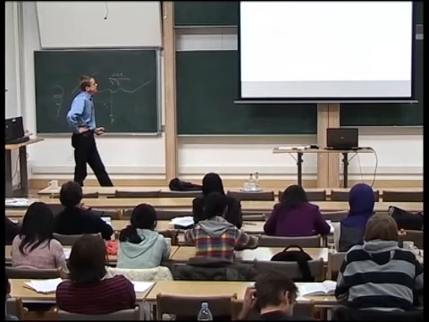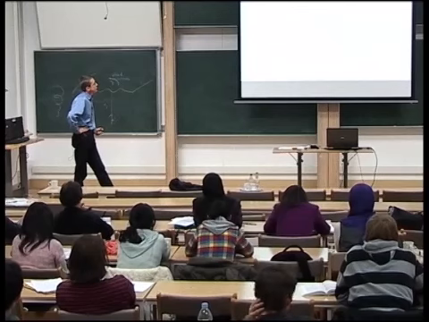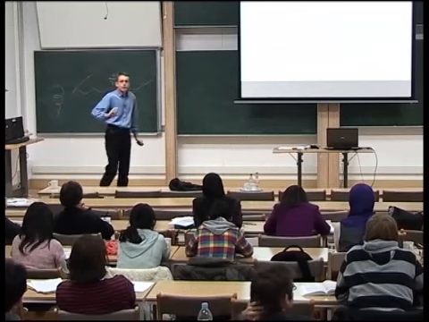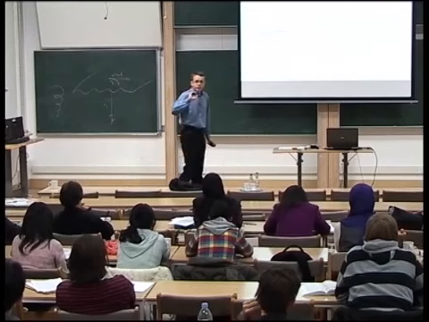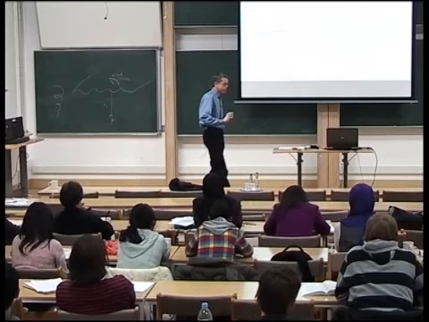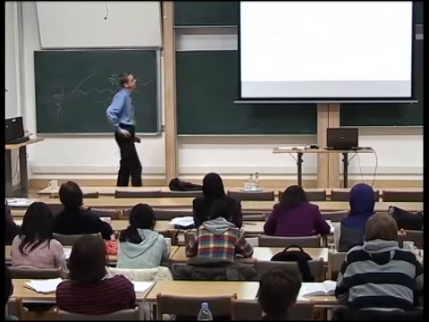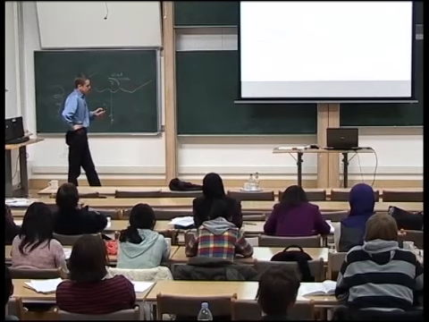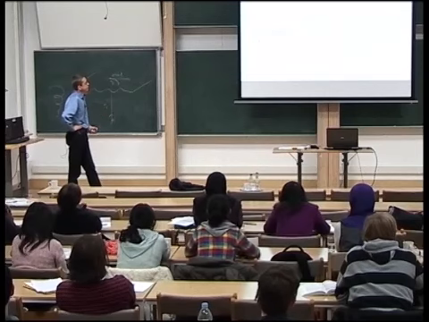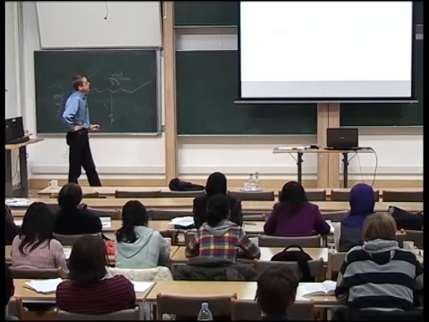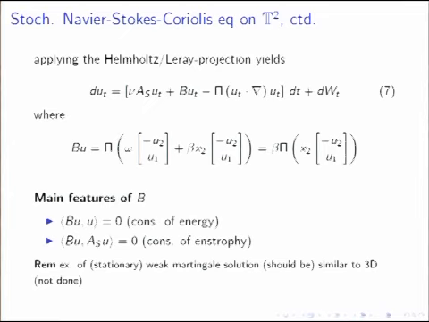And so that means also this Coriolis force preserves the enstrophy of the resulting Navier-Stokes equation. Okay, and this will play a role later on. The existence of stationary weak martingale solutions, we haven't done this, that should be similar to the 3D case. Actually, it should be easier. But okay, this is not my point here.